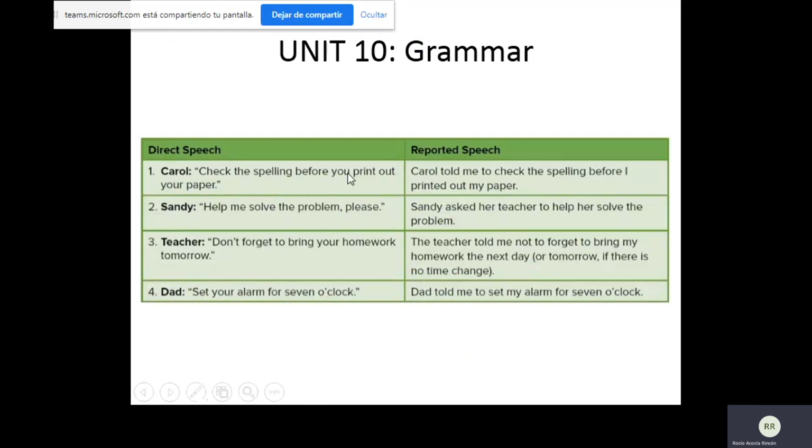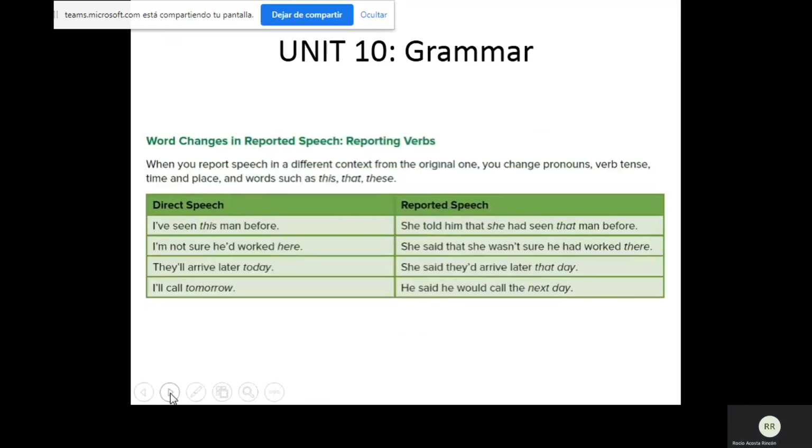In order to report imperative statements, we say, Carol told me, ella me dijo, to check the spelling before I printed out the paper. And here we find that after the told me, that is the reporting expression, we use the infinitive of the verb. You can stop this slide in order to check the examples 2, 3, and 4.